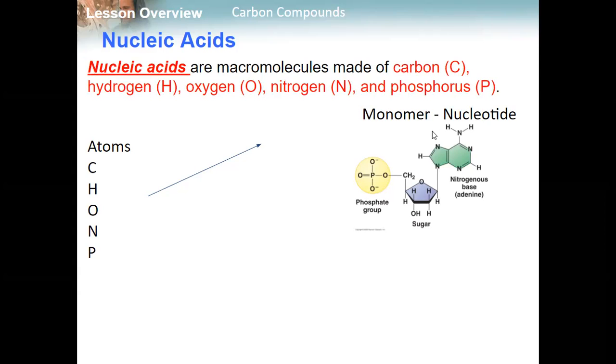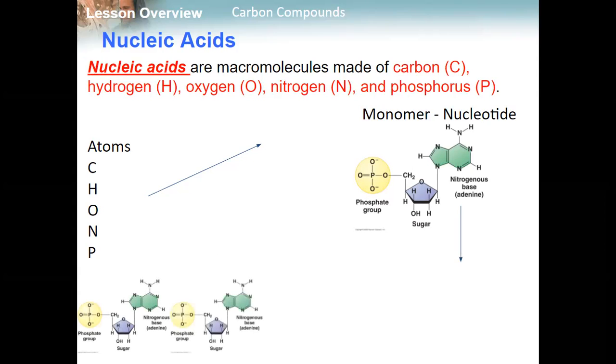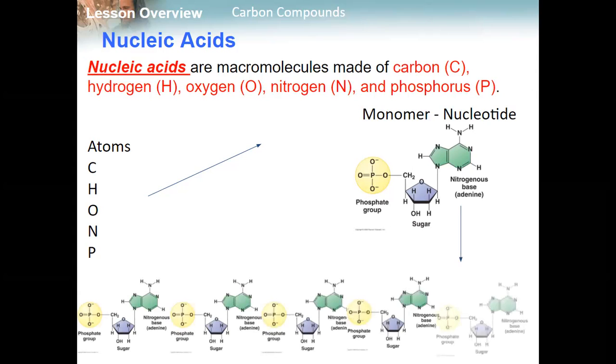It's like one piece of a nucleic acid. Now, if I take one nucleotide and put it together with another nucleotide and another nucleotide and another one, that will make one big nucleic acid.